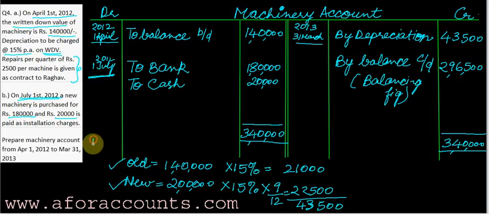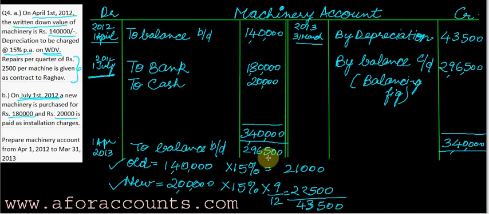So on 1st April 2013, it will be to balance brought down, that will be 2,96,500. Okay, now moving on to the next question.